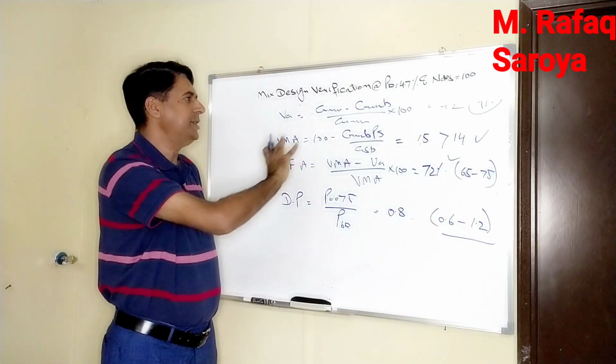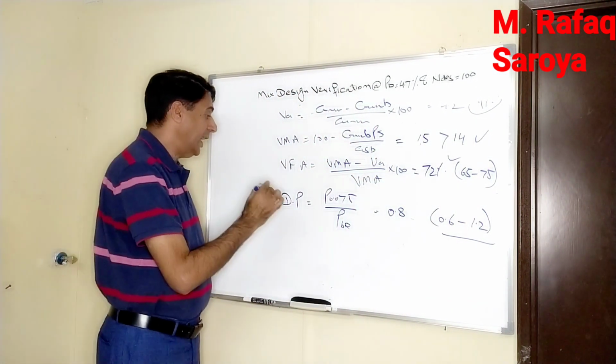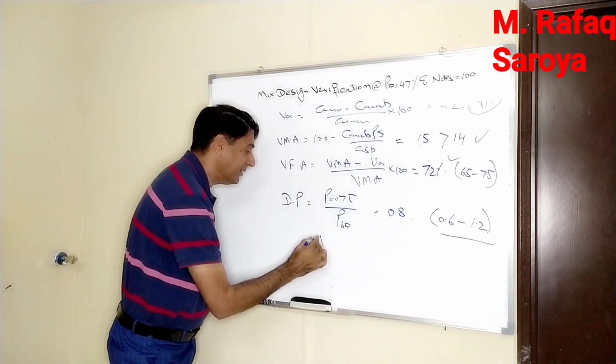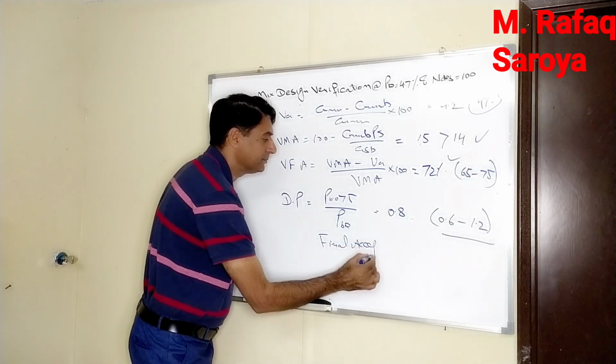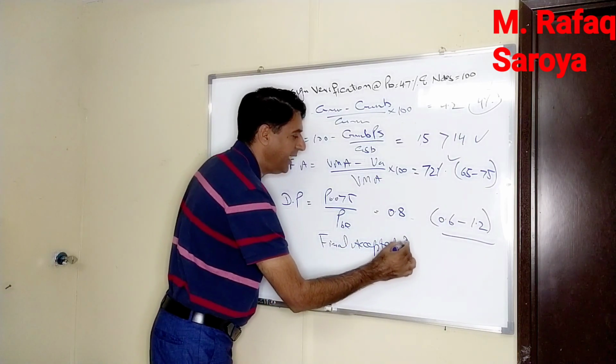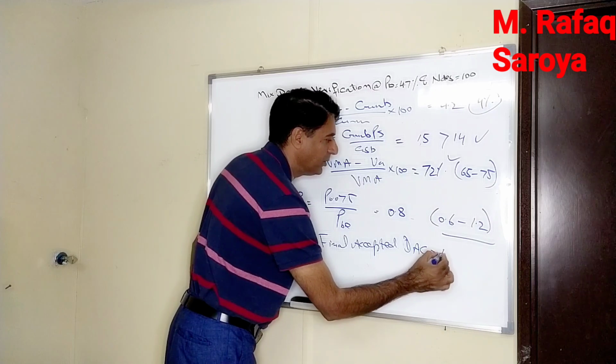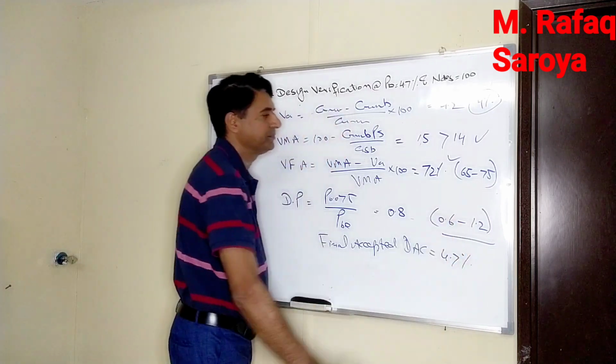So all this calculation shows that our final accepted design asphalt content is equal to 4.7%.